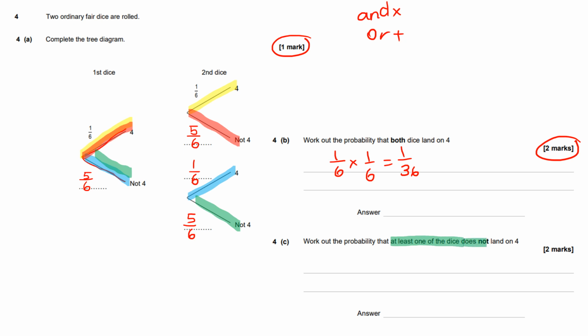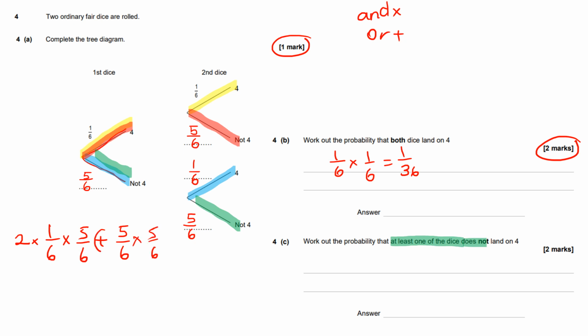So if it says at least, that means I can have not landing on 4 and not landing on 4 again. So I have 2 lots of 1 out of 6 and 5 out of 6, and I have 5 out of 6 and 5 out of 6.